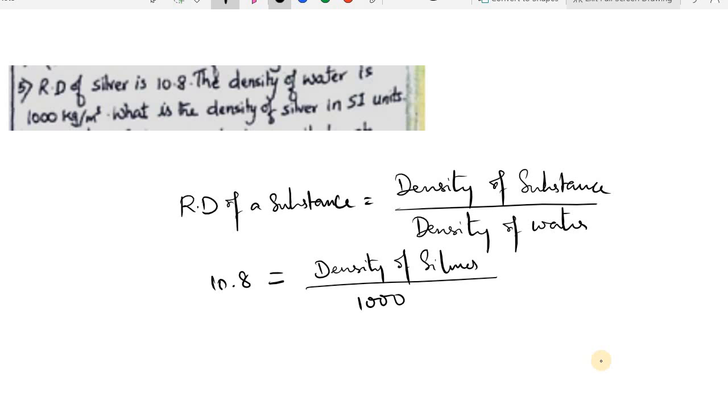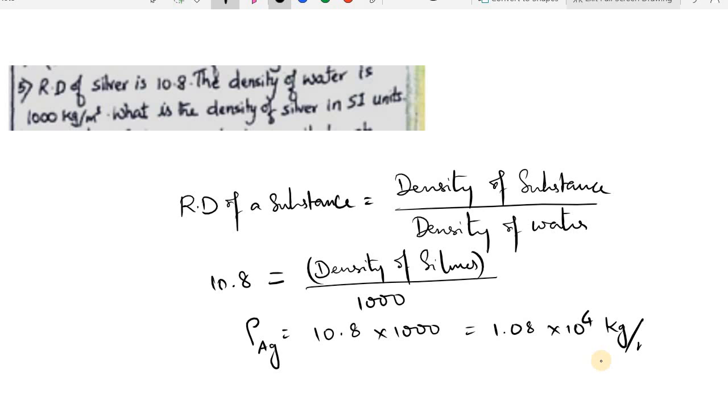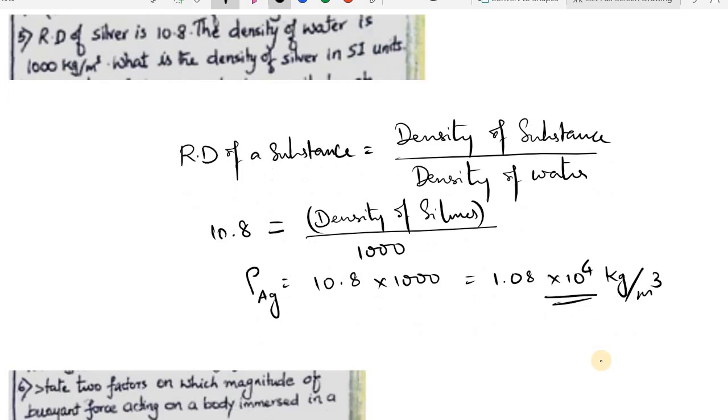If I were to represent the density of silver as rho Ag, 10.8 into 1000 is equal to 1.08 into 10 power 4 kilogram per meter cube, because the answer is needed in SI units.